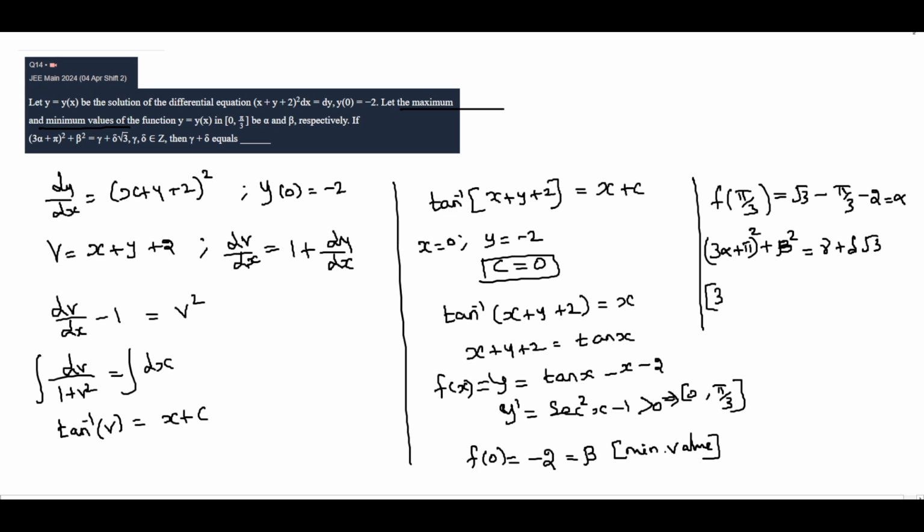3 times alpha is root 3 minus pi by 3, minus 2 plus pi, whole square, plus beta is 2, so 2 square minus 2 square, that is 4, which is equal to (3 root 3 minus 2) whole square plus 4.